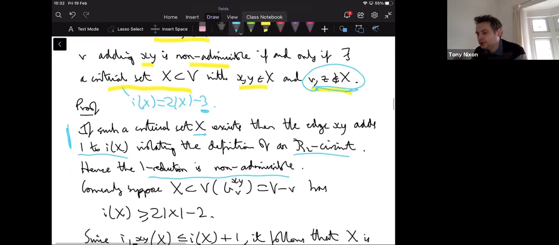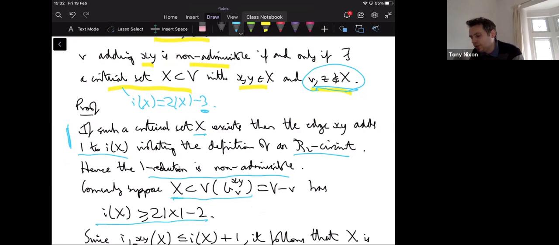Conversely, suppose the one reduction is non-admissible. Then that means there exists some set in the smaller graph we get, which violates the circuit condition. So we know that we would have E equals 2V minus 2. That's just a very simple count.